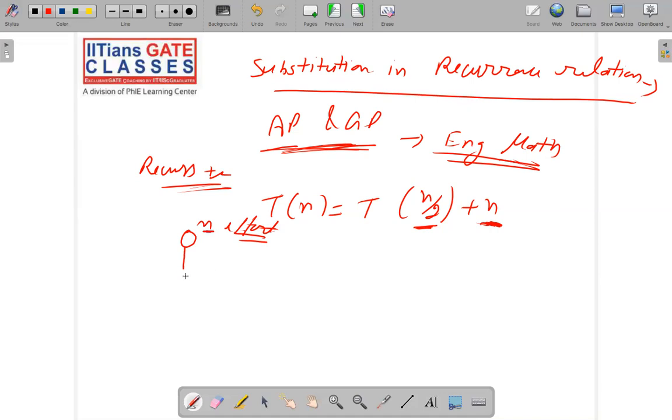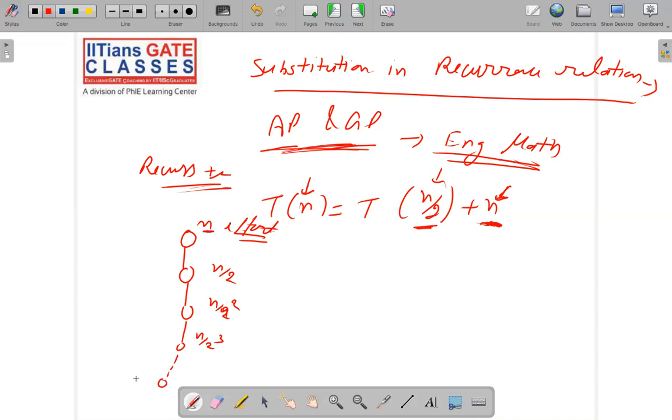But in the next level, the effort applied is n by 2, because we have reduced the size to n by 2. Right now, input is n, effort is n. In the next level, n is replaced by n by 2, the effort is n by 2. In the next level, effort is n by 4. In the next level, effort is n by 2 cube.